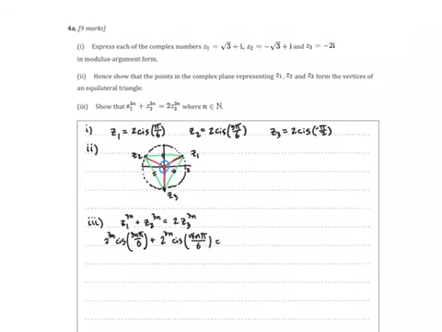Okay. So let's reduce these. So this would be 2 to the 3n cis n pi over 2 plus 2 to the 3n cis, well, let's see, 15 over 6 reduces to 5n pi over 2.